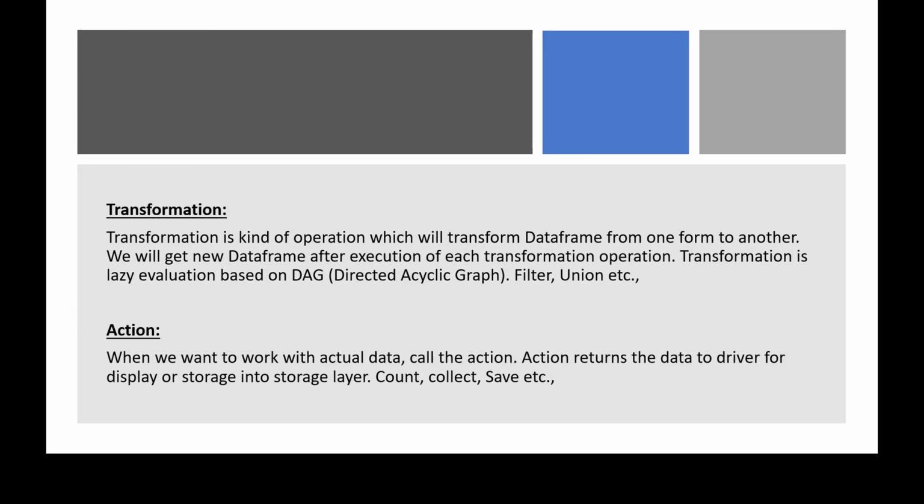When we execute the 10th step, that is the action, the Spark engine refers to the DAG and traverses back to step 1 and starts executing all the steps from step 1 till step 9. Then it has created the new data frame at the end of the ninth step, that is at the end of the transformations. Finally it performs the action, that is displaying the data by passing the data to the driver or storing the data to the storage layer.